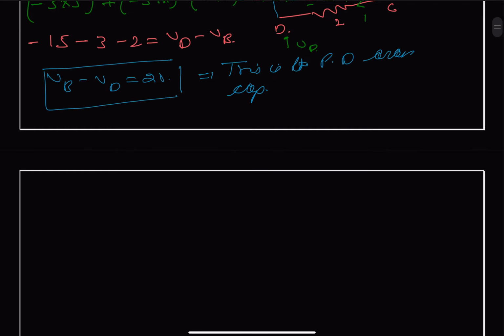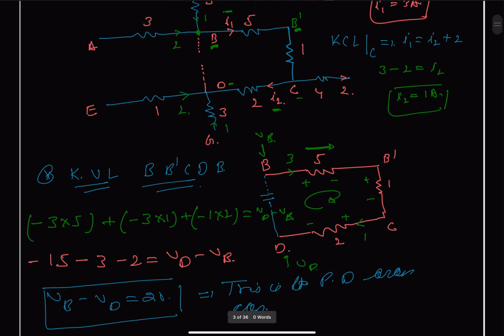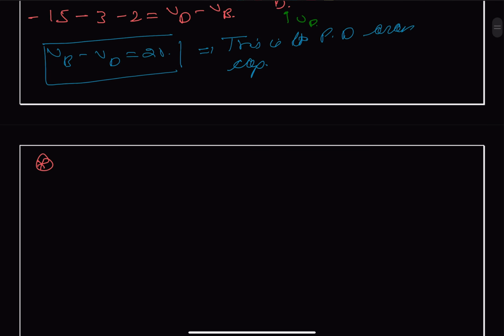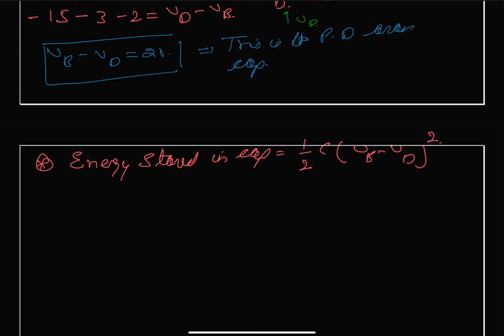So we can say that energy stored in the capacitor comes to half C, and we have this as VB minus VD and its whole square. We substitute the values. This comes as half into 4, and with this we have 20 square.